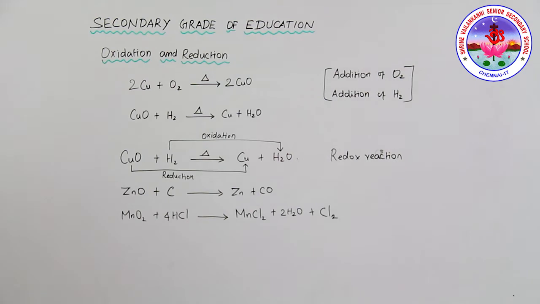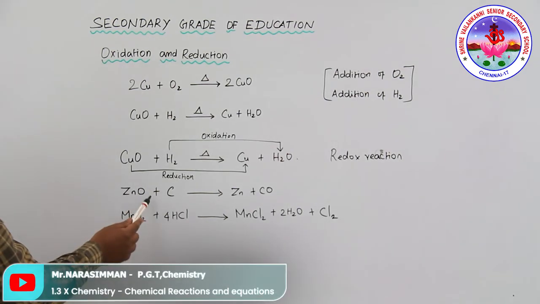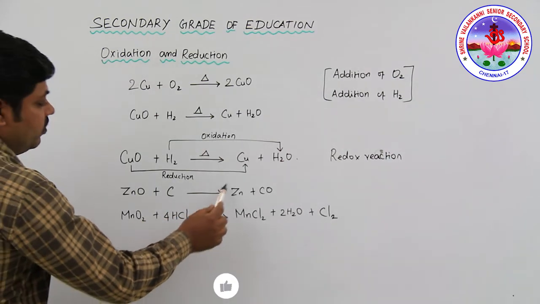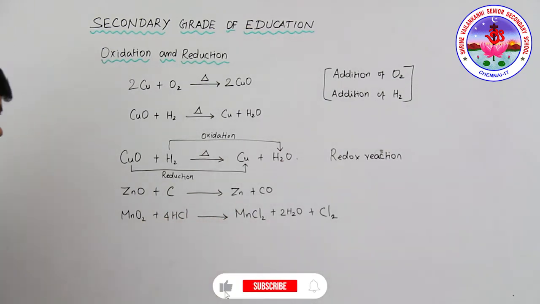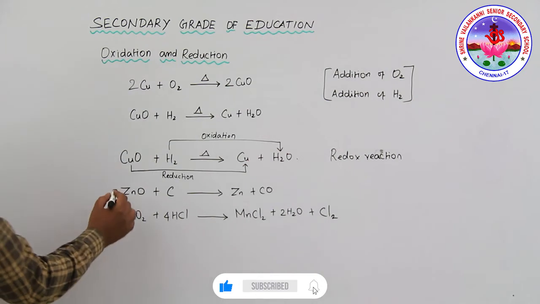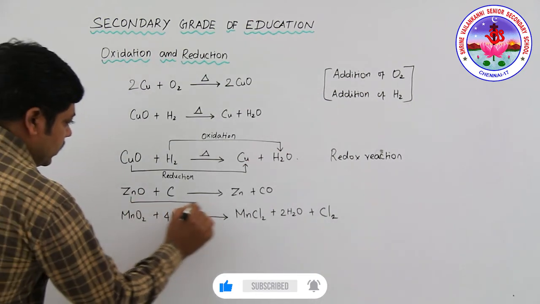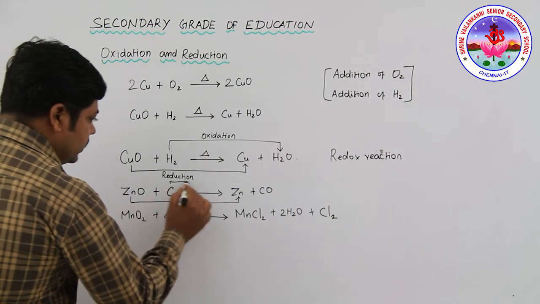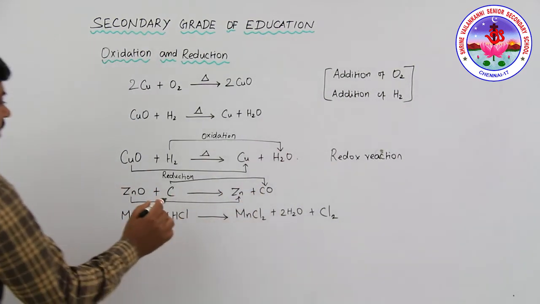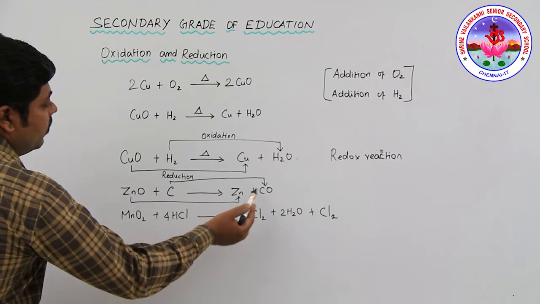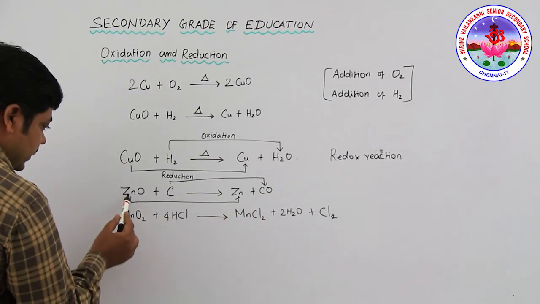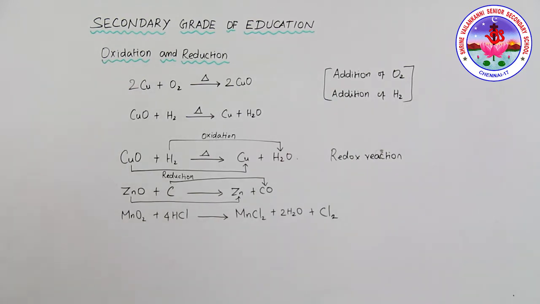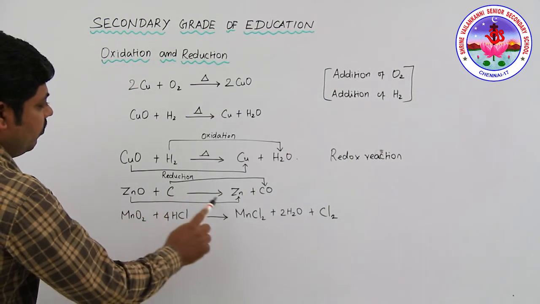Some more examples are given here. Zinc oxide reacts with carbon and converts to zinc and carbon monoxide. Here zinc oxide is reduced to form zinc, and carbon is oxidized to form carbon monoxide. So this is also an example of a redox reaction.